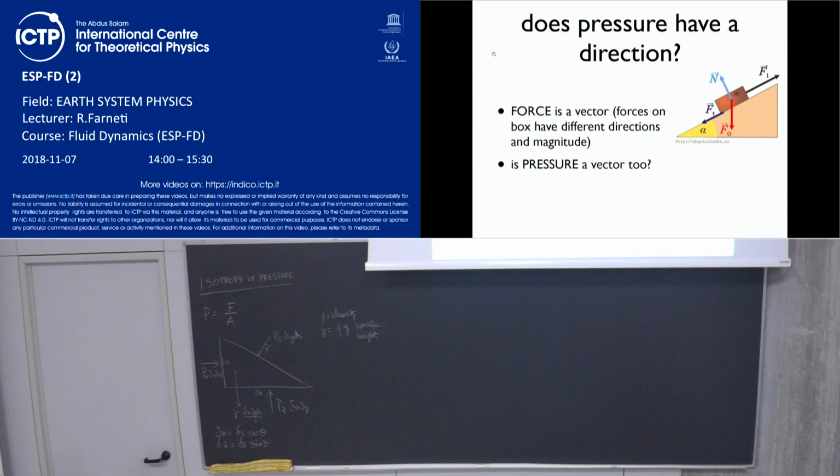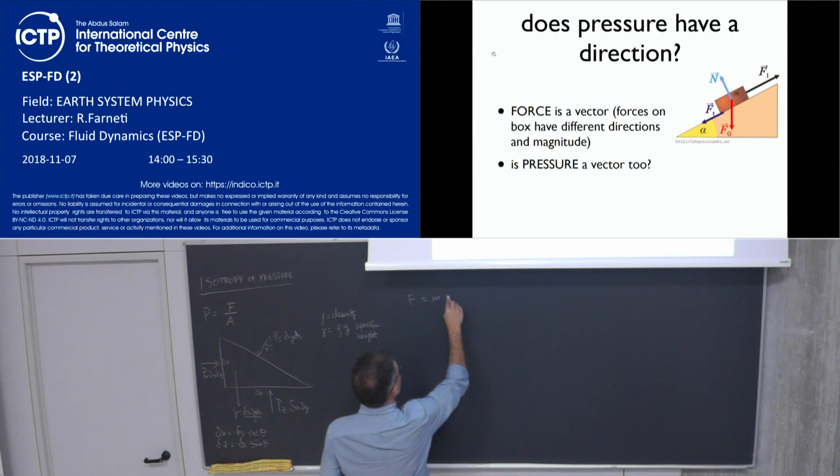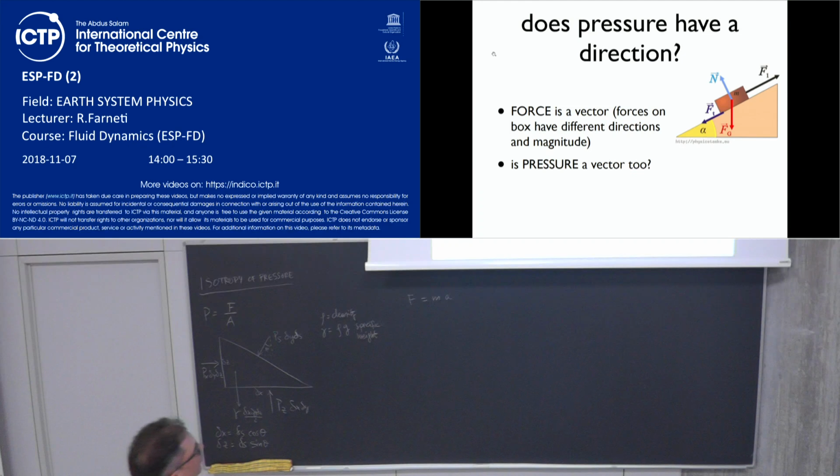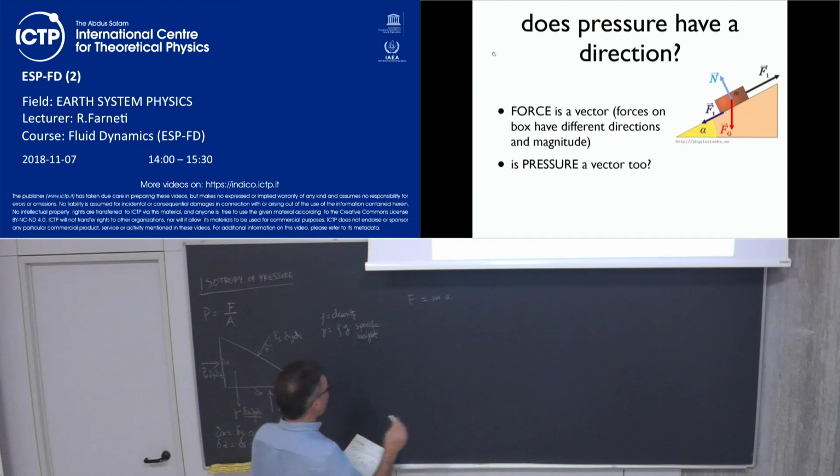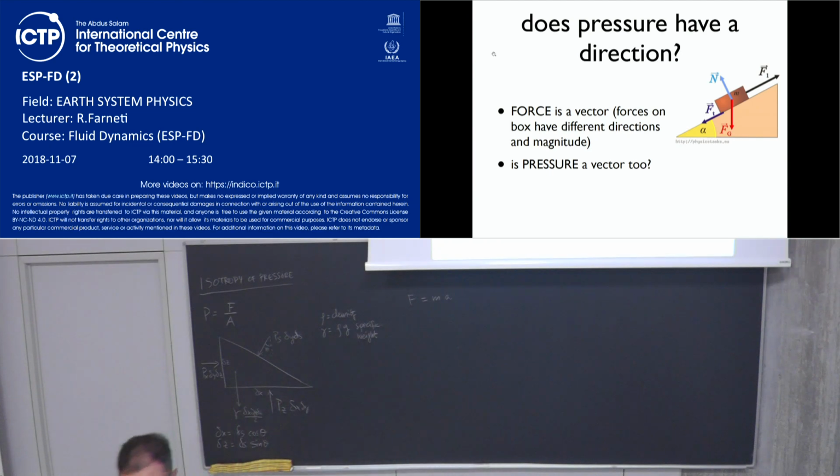Okay? So, to start from the general case, we're going to use Newton's second law. All the forces equal to some mass times the acceleration. It's going to be static, so acceleration will be 0. And so all the components of the forces will cancel out in every direction. Okay?